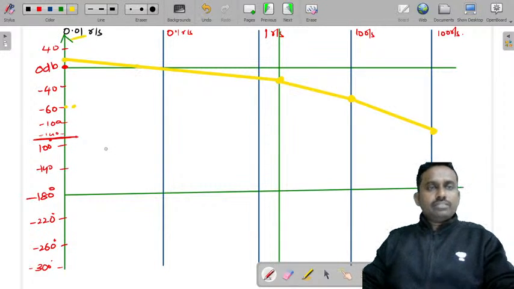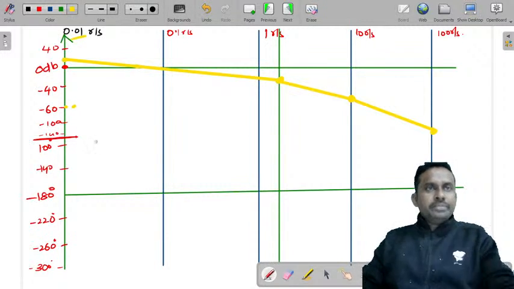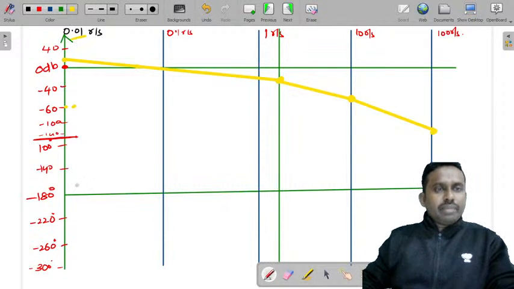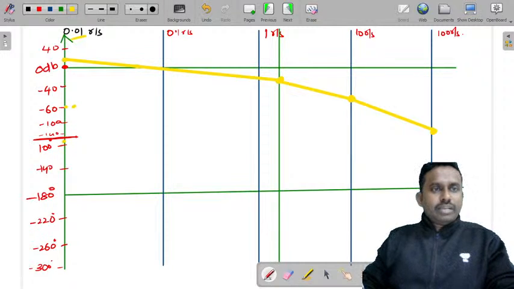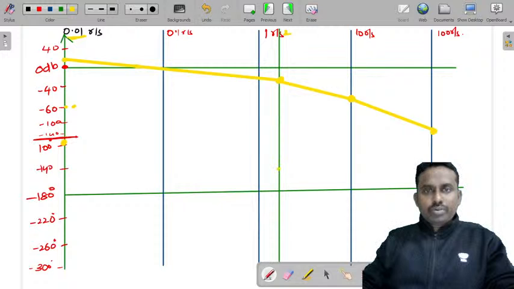Now next, the phase plot. At 0.01, what is that? Minus 90. So somewhere here, I take this point at 0.01 radian. Next, 2 radians, this green line. At 2 radians you have minus 146, so I'll take this point.